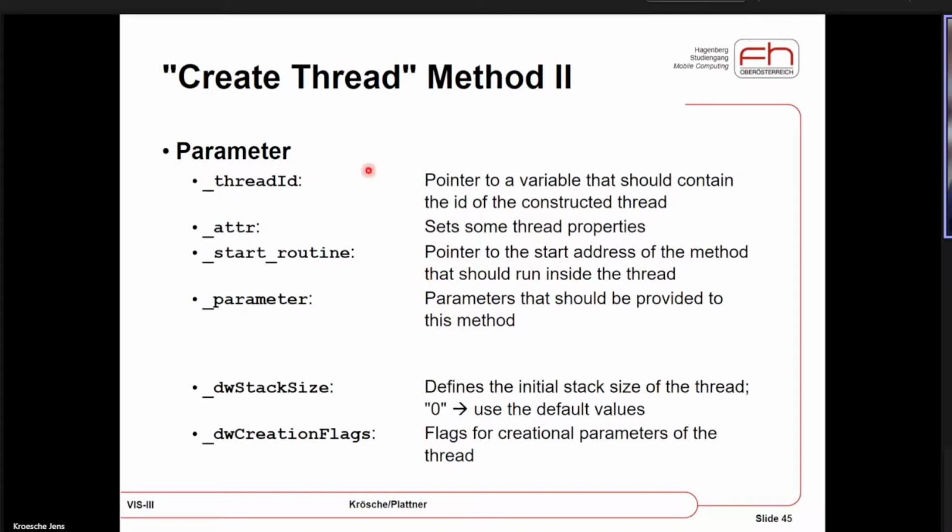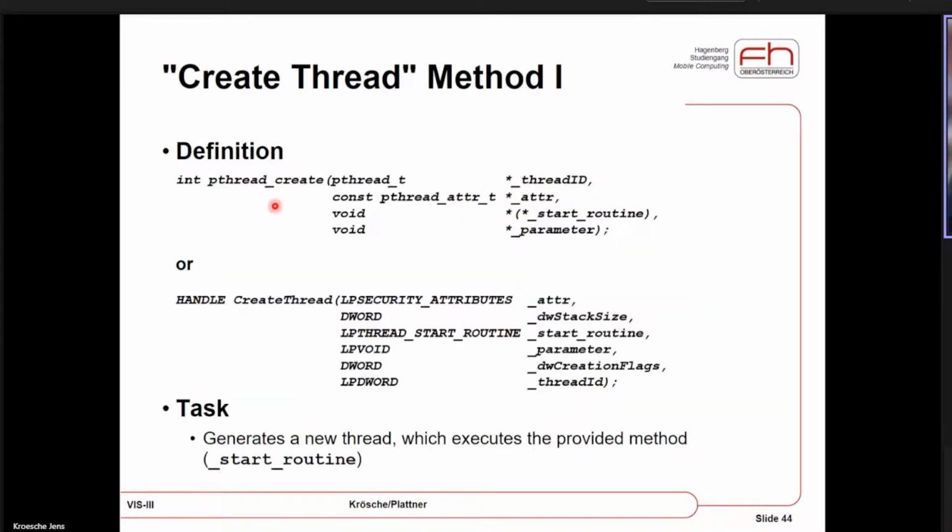What do we need in order to work with the create thread method? We need the thread ID. So this is in common with both of them. We have the thread ID here on top in the pthread and in the bottom here with the WinSock implementation.